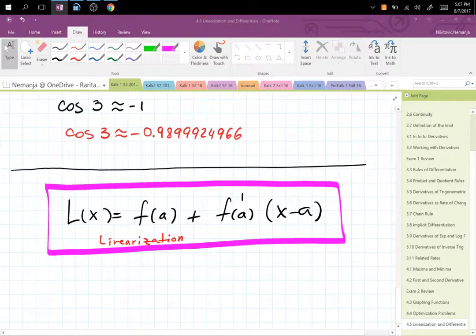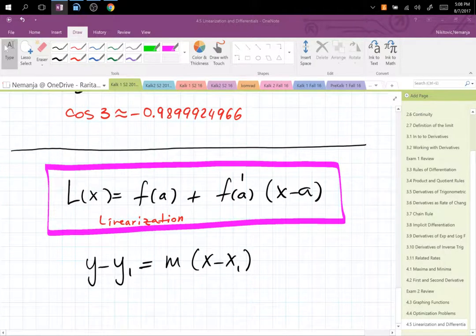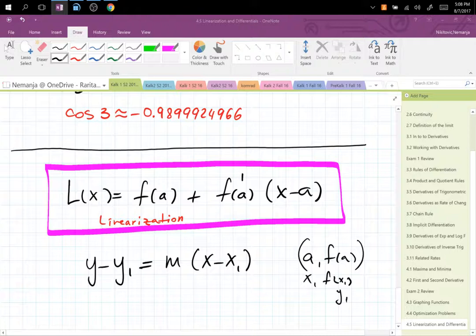So if you are trying to figure out where this comes from, I will remind you of the formula that you learned in algebra: y minus y1 is equal to m times x minus x1. I will also remind you that f of a is a pair, which in this case is x1 and f of x1, which is known as y1.